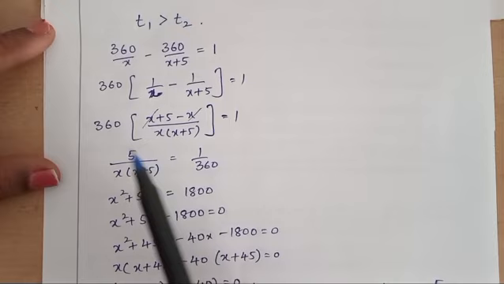Let's check. If the roots are rational, then let x is equal to p by q, where p and q are coprimes and q is not equal to 0, the definition of a rational number. Then (p by q) whole square plus a into p by q plus b is equal to 0. p square by q square plus ap by q plus b is equal to 0.